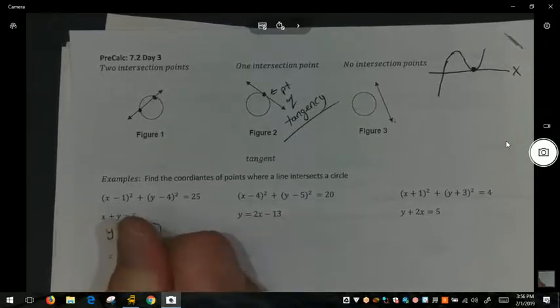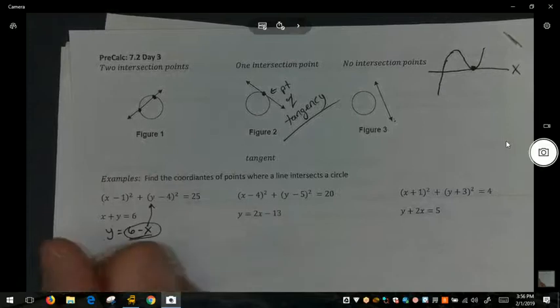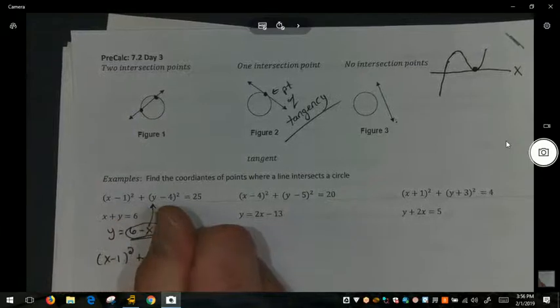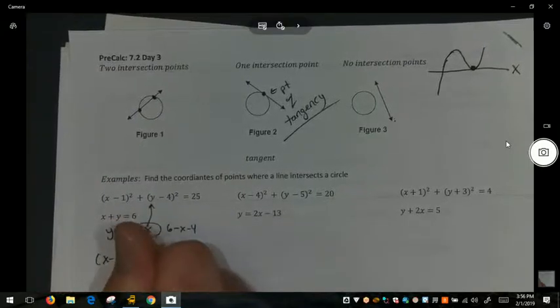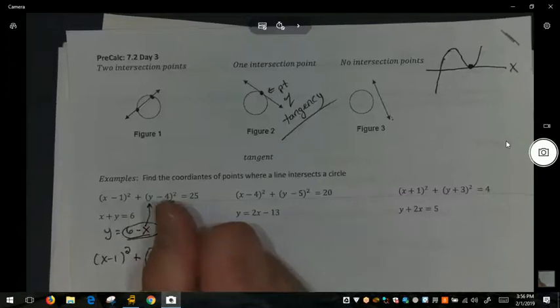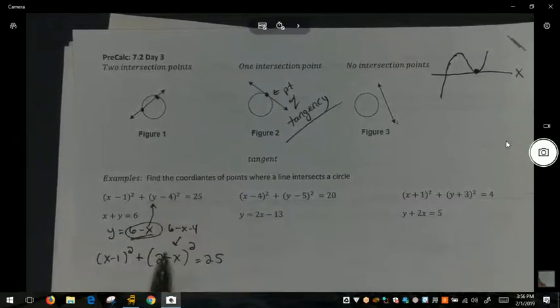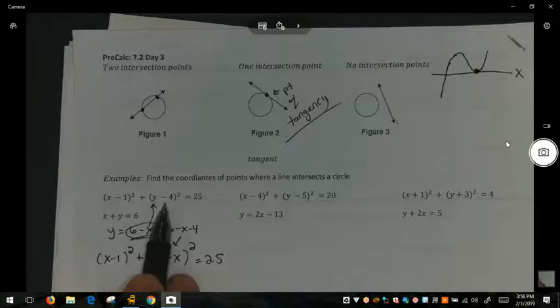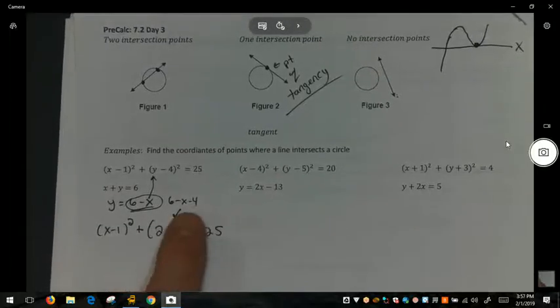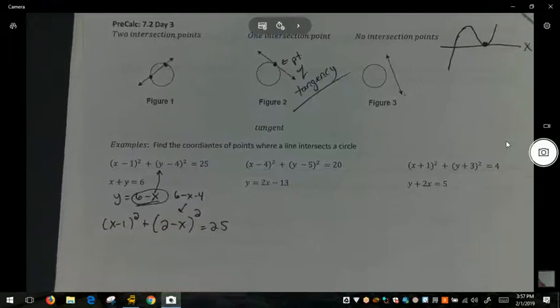I'm going to take this and plug it in where I see y. This becomes (x minus 1) squared plus (6 minus x minus 4), which becomes (2 minus x) squared, equals 25. So all I've done is plug this in place of y, and the minus 4 was there. So I had 6 minus 4 is 2, and still the minus x.